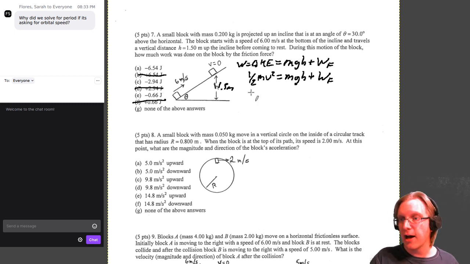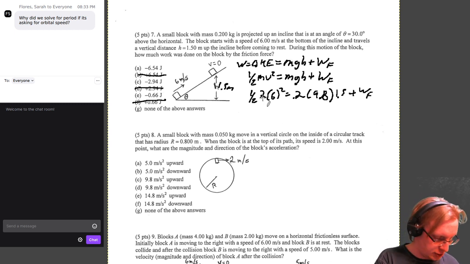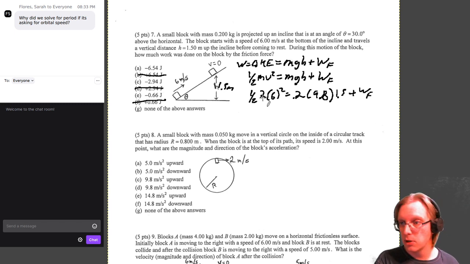So let's see here. We have 1/2. Sure, let's put some numbers in here. 0.2, initial speed of 6 squared, is equal to 0.2 times 9.8, there we go, and H is 1.5. So we have work of friction is everything else. All right, so that's 0.1 times 36.